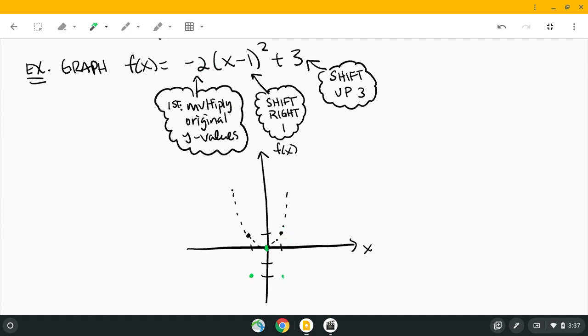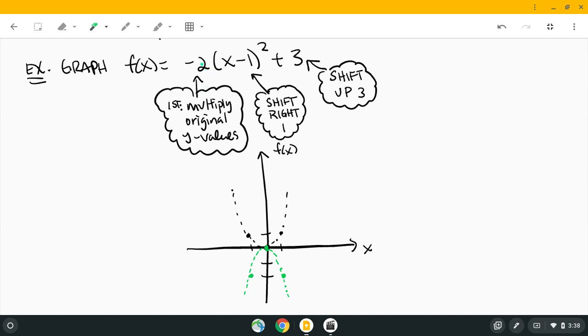So that goes here. Okay. So we have this here. I'll do another ghost function. So we have this one here. Okay. So this is what it looks like when you just multiply it by negative 2.